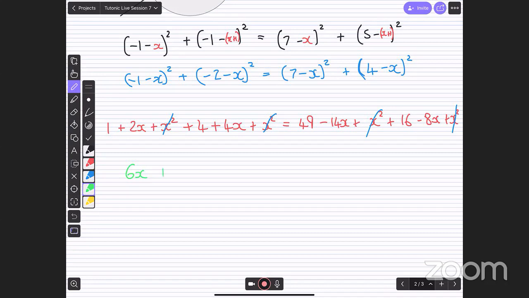5. Right, equals. And on the right hand side, what do the x's add up to? Minus 22x, right? Plus 65. Now we're nearly there.